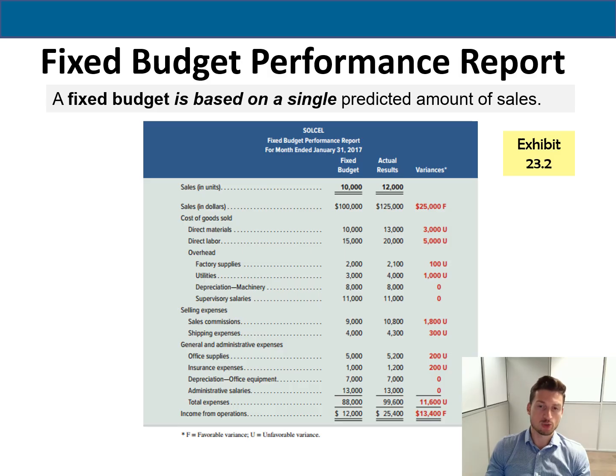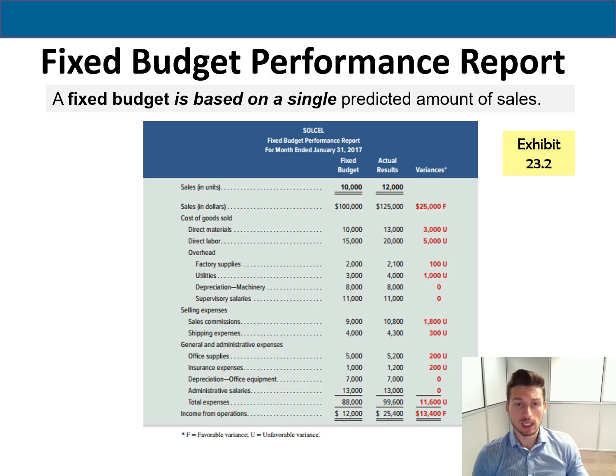So I was planning to sell 10,000 units, but I sold 12,000 units. Somehow it's good because you sold more, but the problem is that we can't really compare your fixed budget to actual results because you have budget numbers for 10,000 and your actual numbers are for 12,000. It's the same as comparing an apple to a banana instead of comparing apple to apple.